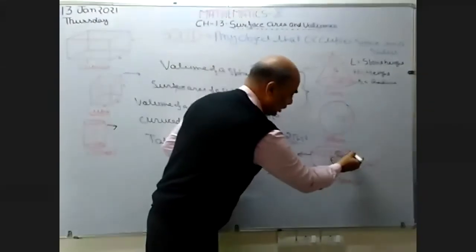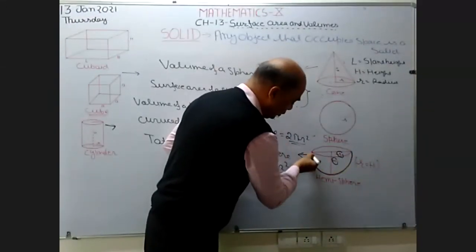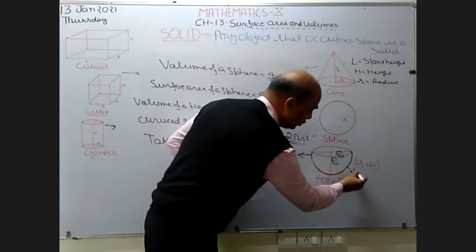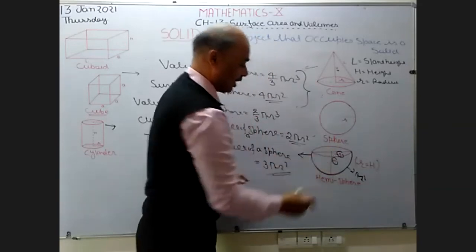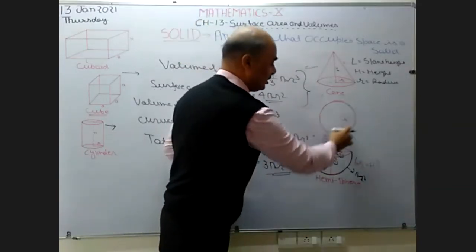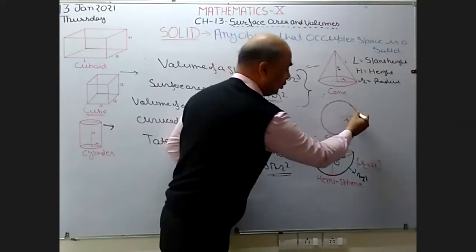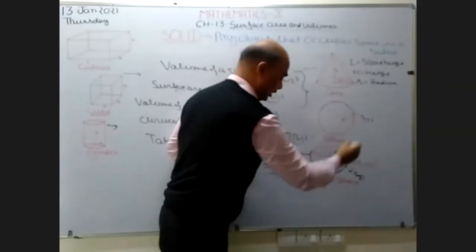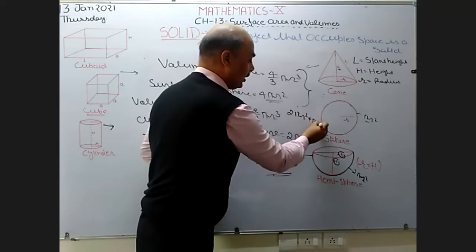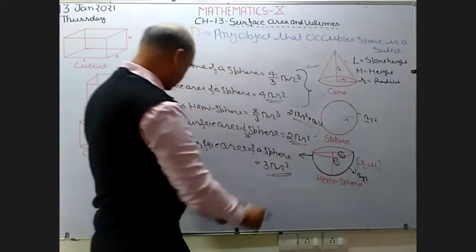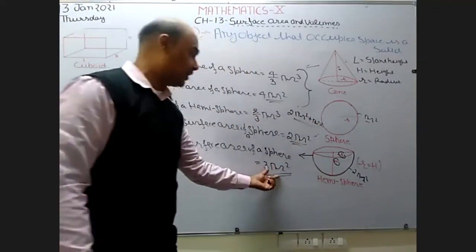See, this is the curved surface area of hemisphere, and the formula for this is 2 pi r square. When we include this face of the hemisphere, the face is in the shape of a circle. How do you find the area of a circle? Pi r square. So 2 pi r square plus pi r square becomes 3 pi r square. So total surface area of hemisphere becomes 3 pi r square.